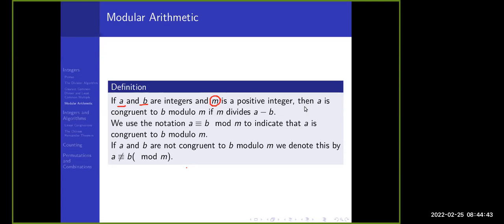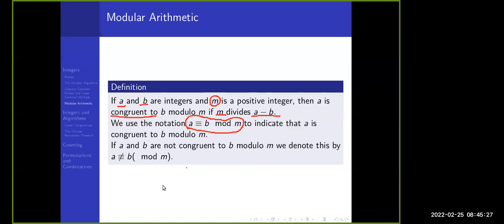So we make the following claim: A is congruent to B modulo M if M divides the difference, A minus B. And then we shall use this as a notation. If A is congruent to B modulo M, we shall write it with this identity sign. This means A minus B is divisible by M.